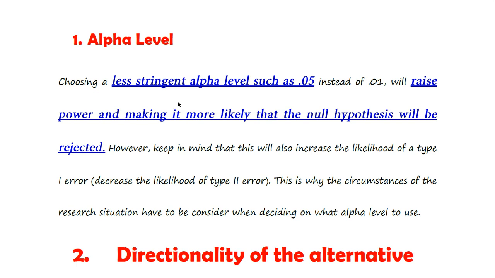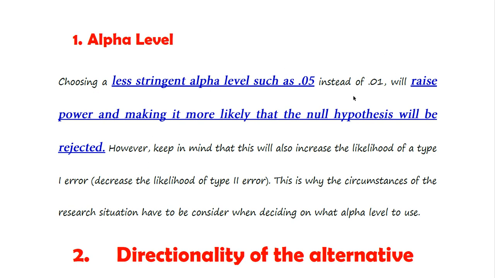But one thing to keep in mind is that if we set alpha 0.05, this will increase the type first error, but type second error will decrease, because in my previous video on type first and type second error, I explained in detail that type first and second error have an inverse relationship. By increasing type first error, type second error will decrease.